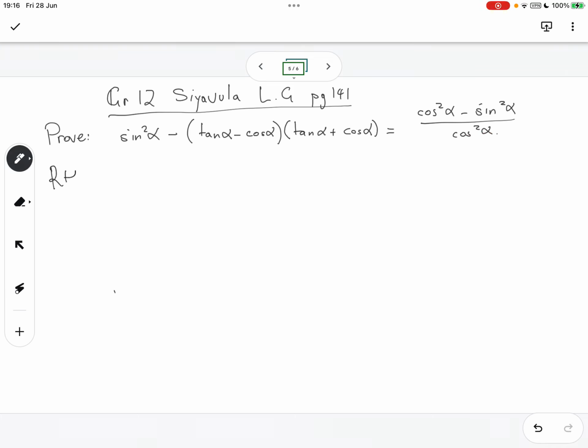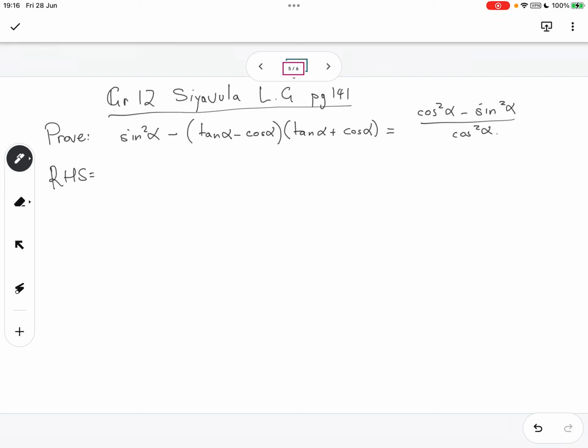So we'll start by saying the right-hand side equals, and here, if there's anything that seems confusing or whatever, just give me a shout and then I'll explain whatever step where we get stuck at. Some of these, we don't have to prove that the left-hand side equals the right-hand side.